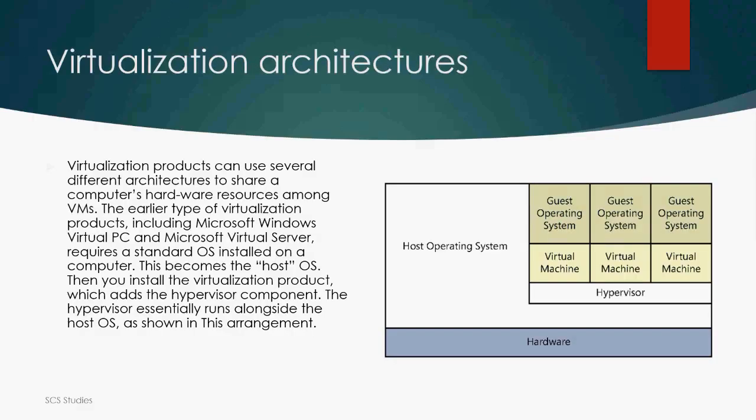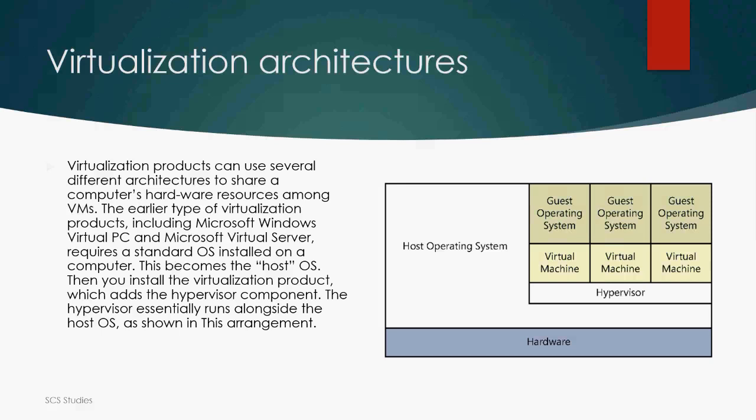So this is the virtualization architecture. Virtualization products can use several different architectures to share a computer's hardware resources among the VMs. The earlier types of virtualization products, including Microsoft Windows Virtual PC and Microsoft Virtual Server, required a standalone OS installed on a computer. This becomes the host OS. So before we create any hypervisor, we should first have proper hardware.